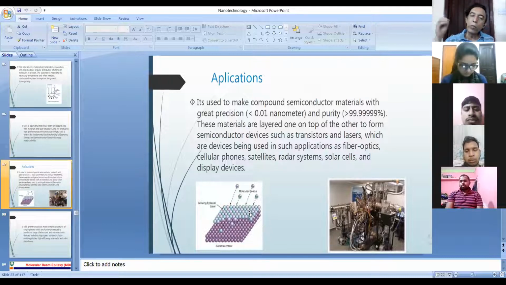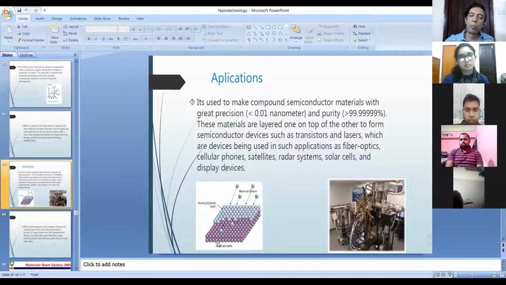So you can make thin film of almost any substance by this molecular beam epitaxy process. Just by controlling the vaporization method, you can produce any kind of thin film on a crystalline substrate.